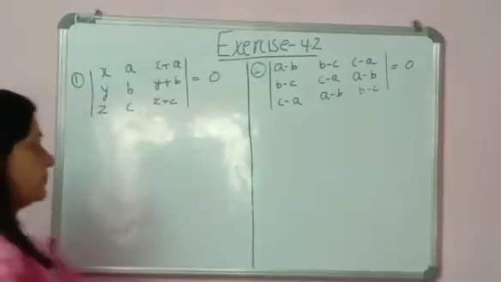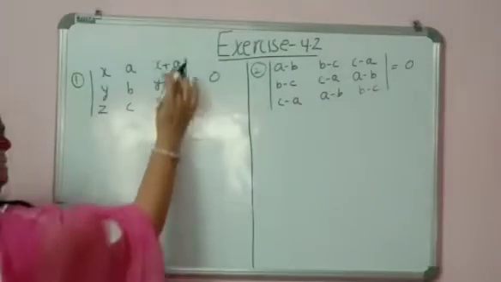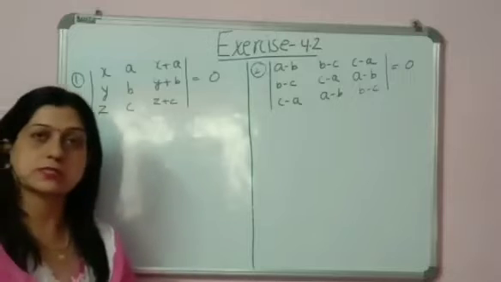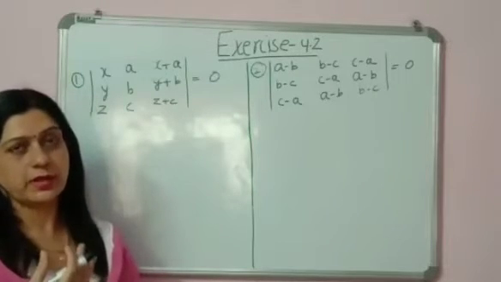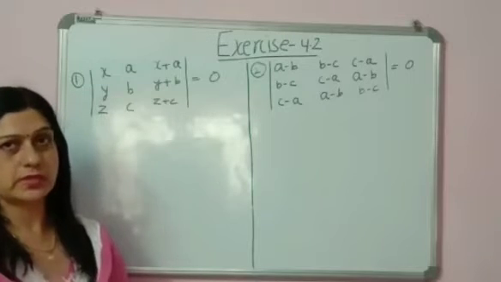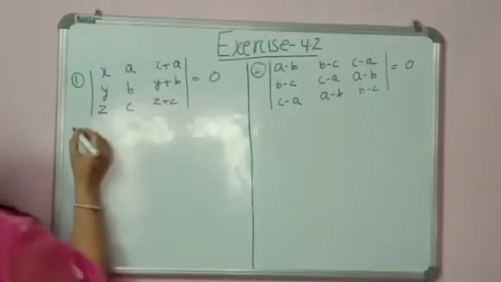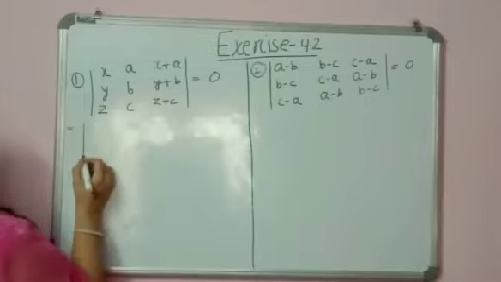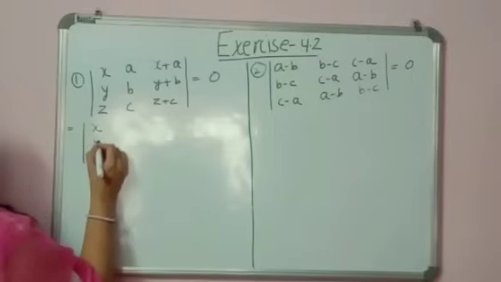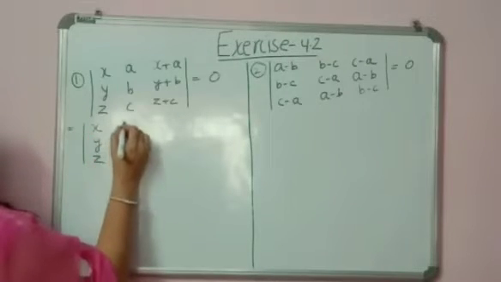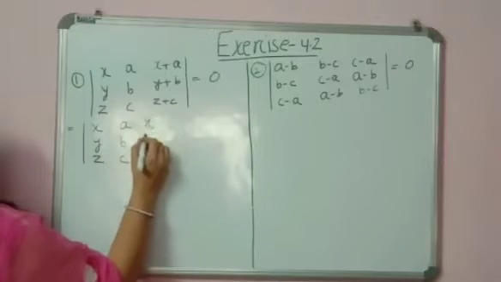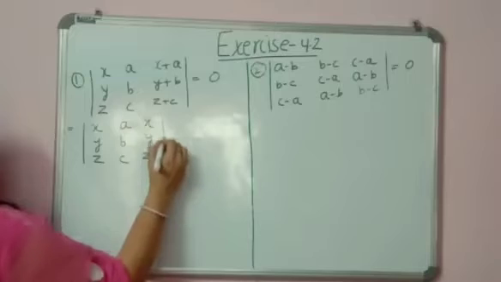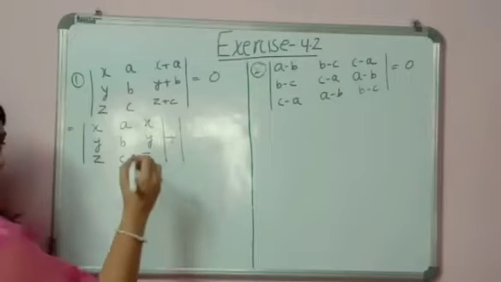Let us see. See here this column 3 is expressed as the sum of two terms. So you can express this determinant as the sum of two determinants by using our property. So you can write this as X, Y, Z, A, B, C, then X, Y, Z and plus.